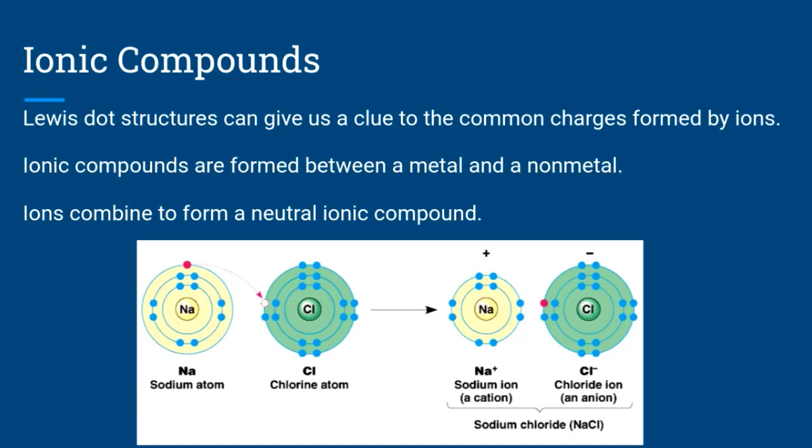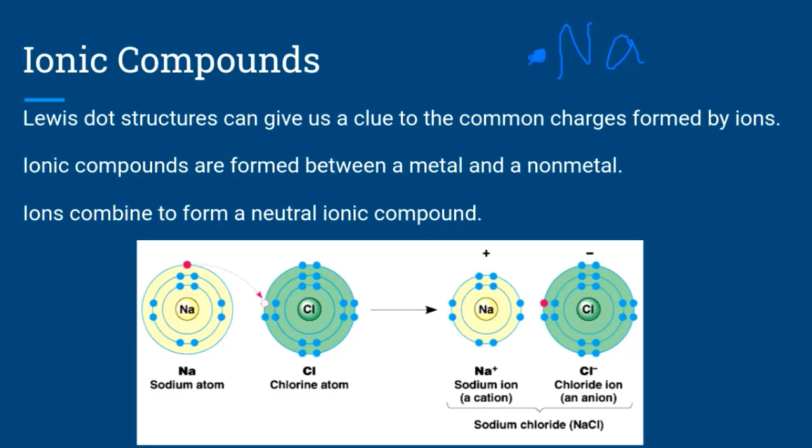And so Lewis dot structures that I just talked about actually give us a really good clue as to what the common charges are for these ions. So if you take the example of sodium, what's the Lewis dot structure for sodium? Well, it only has one valence electron, so we're going to write one dot here.